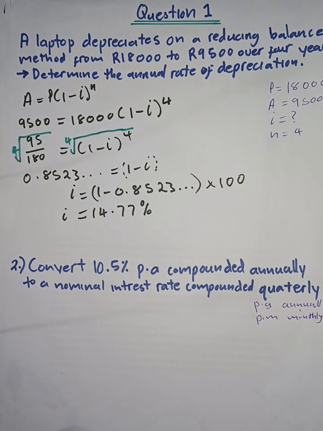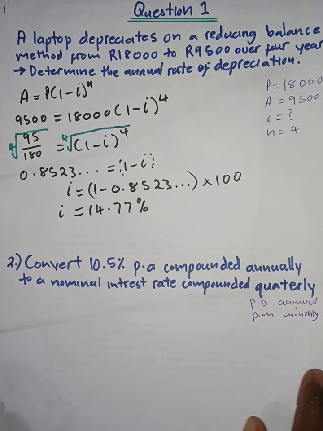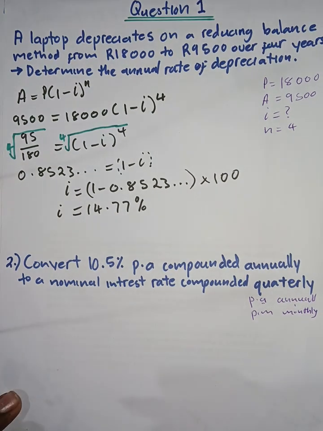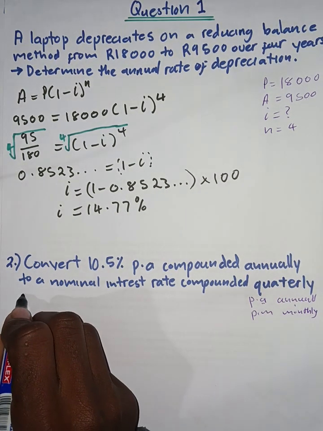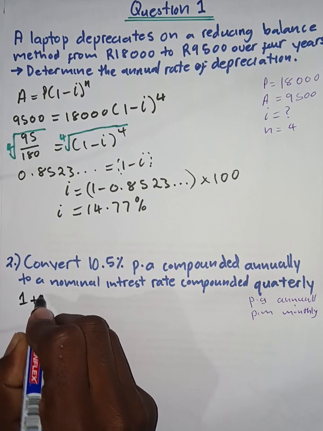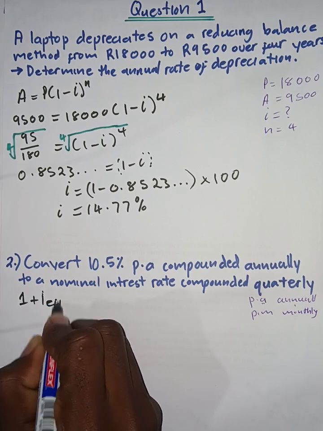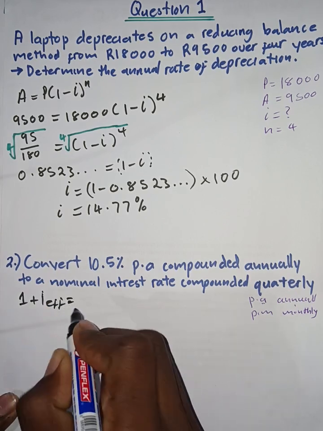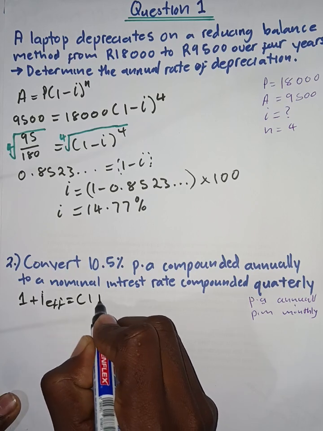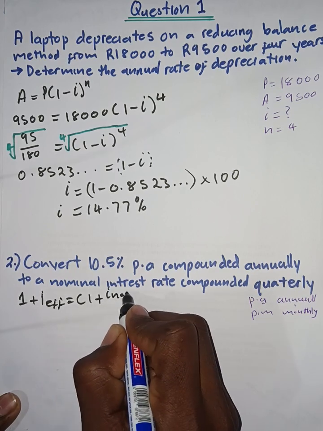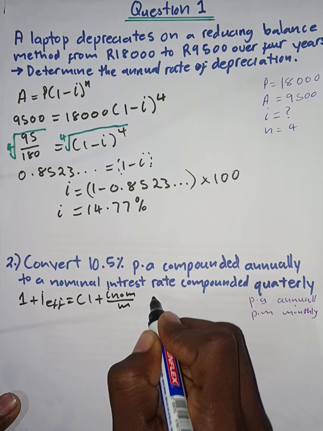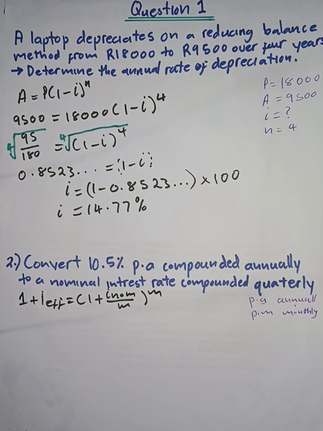Now, in grade 11, you learned that we have a formula that we use to convert, which says 1 plus i effective equals 1 plus i nominal divided by m, to the power of m. Now, m does not stand for the number of months, but rather it stands for the number of times interest is added.